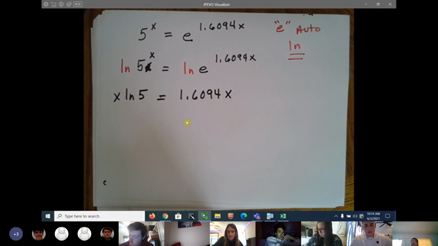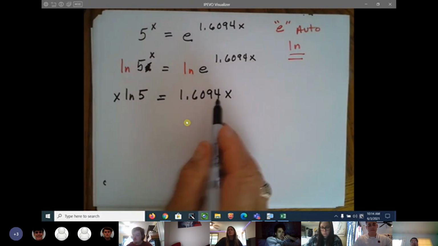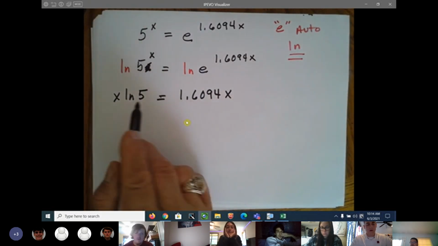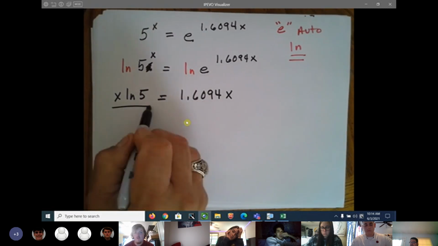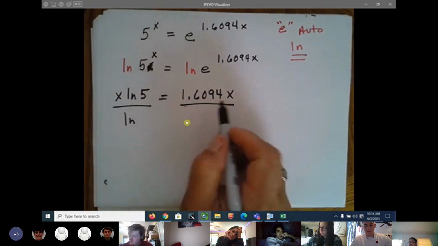Now what? Divide by either 1.6094 on both sides or divide by natural log of 5 on both sides. Divide by the natural log of 5. Somebody tell me what you get.